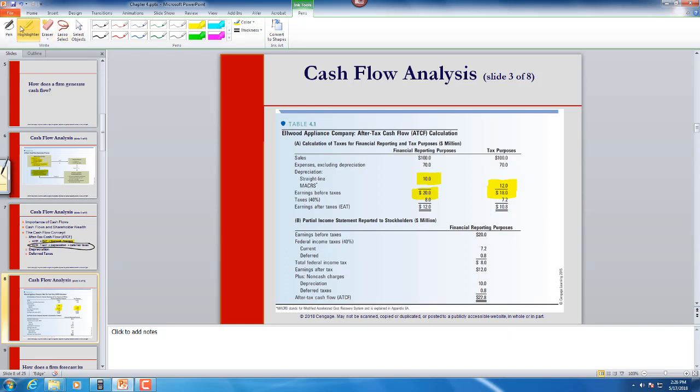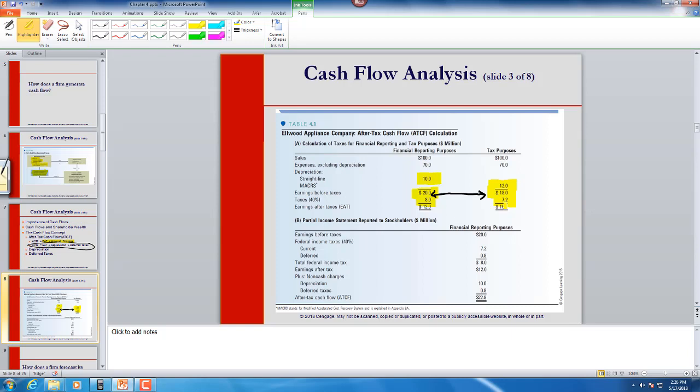If this is the way it should look if you normally use the straight line method of depreciation, this is the way it will look if you use MACRS. Now, because you have 18 as profit that they allow you to write off, you only pay 7.2 in tax instead of paying 8. So your earnings after taxes is 10.8 instead of being 12 here.